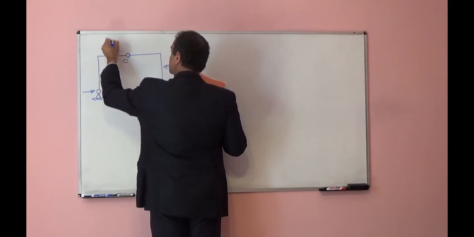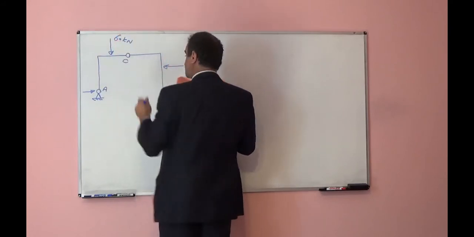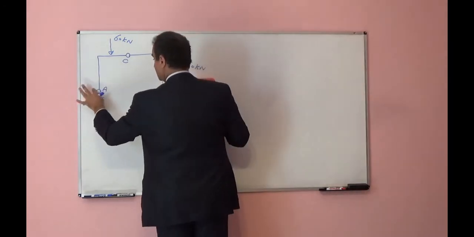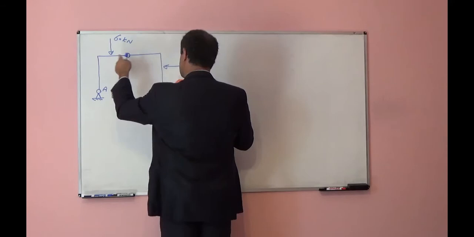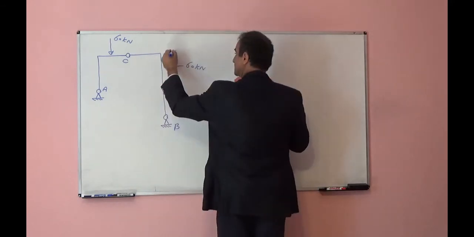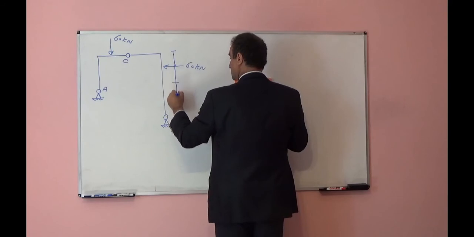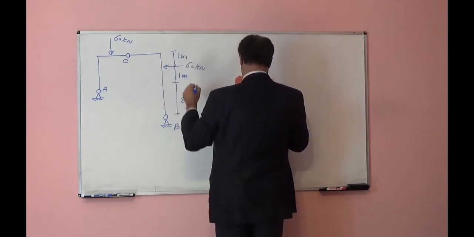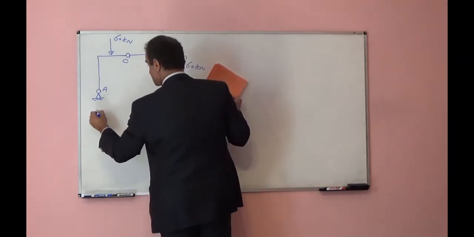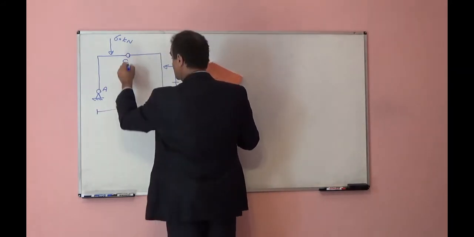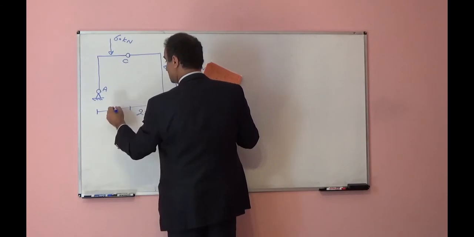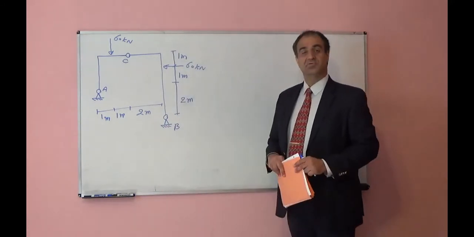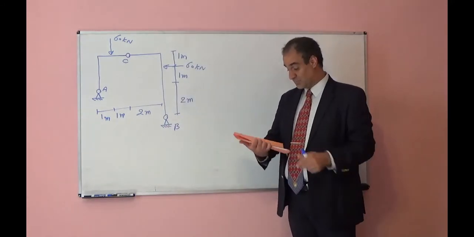Here I have another load of 60 kilonewton. I put here A, B, C, loads 60, 60, and the distances 2 meter, 1 meter, 1 meter. Here in this direction, 2 meter, 1 meter, 1 meter. We want to find reactions, then draw the shear diagram and moment diagram for this frame.